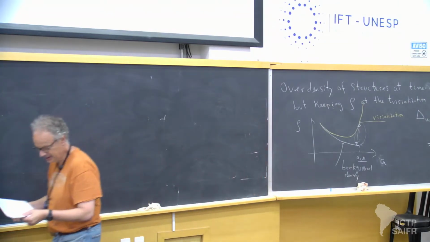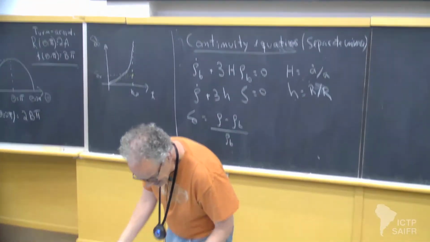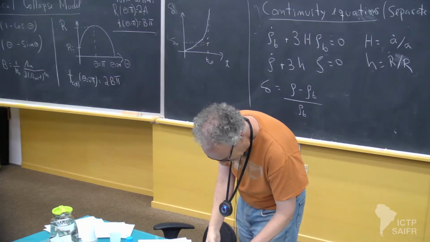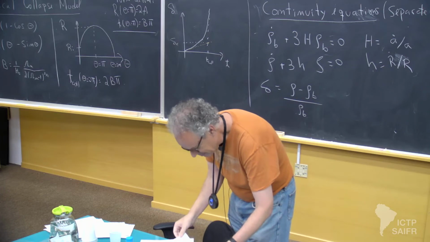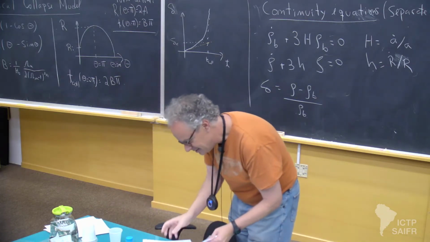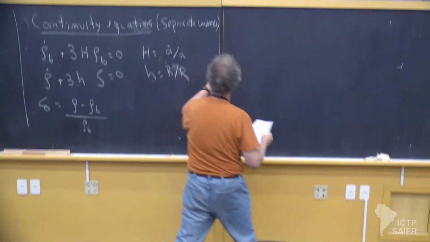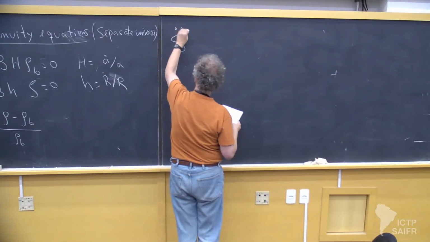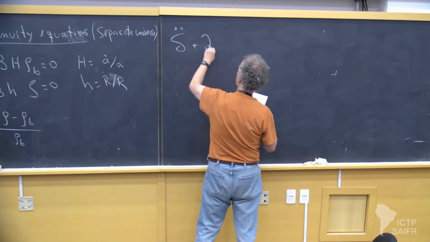And the equation you find is the following. You can try to do this as an exercise. It's just maybe 2 pages and you'll do it. The equation you find is the following. So it's just time derivatives.